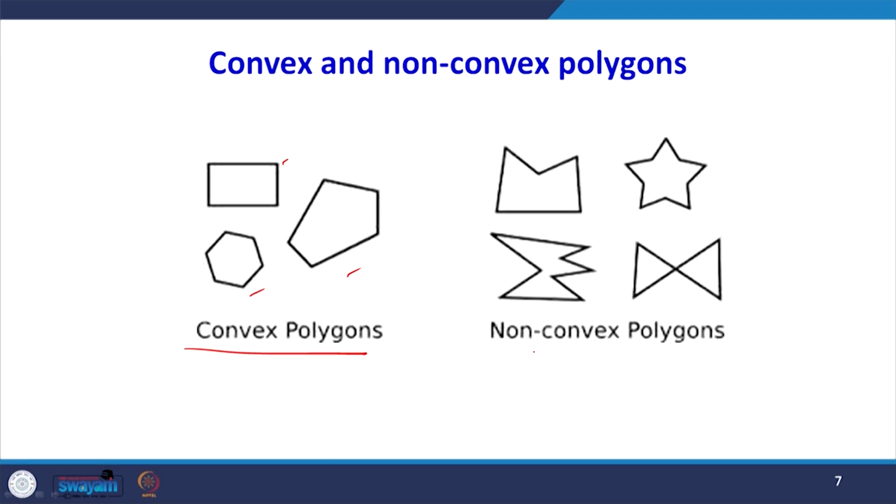This is an example of a non-convex polygon. When we discuss nonlinear programming, there will be a lot of applications about whether the problem is convex or non-convex. So the point I am trying to say here is that the extreme point will be one of the solutions only if the feasible region is a convex shape.